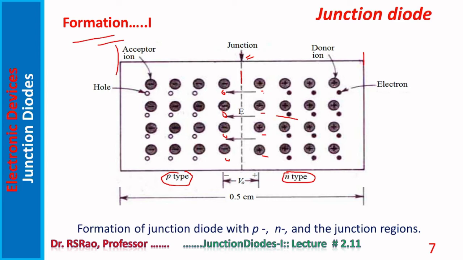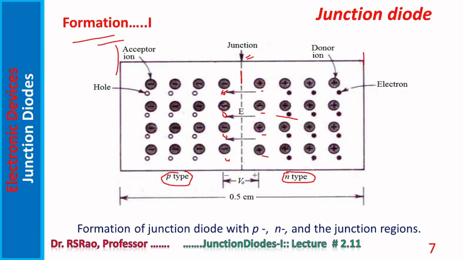So these electrons and holes move towards each other, meet each other, resulting in their recombination. As a result of recombination or neutralization, both electron and hole disappear.